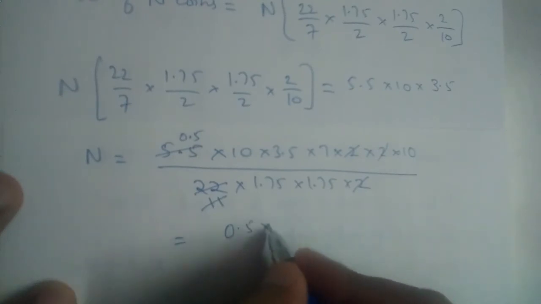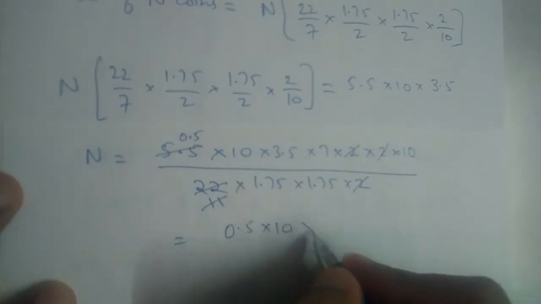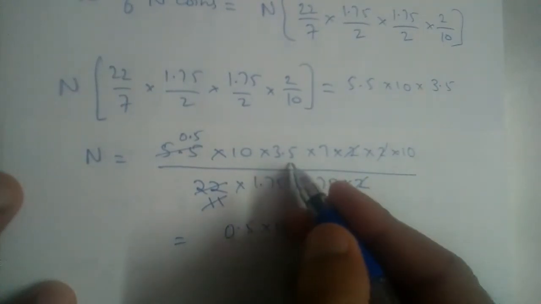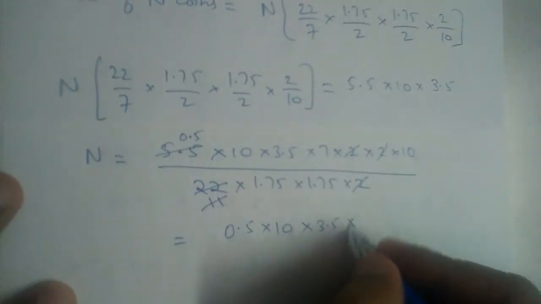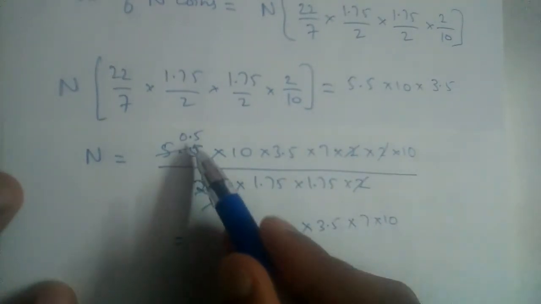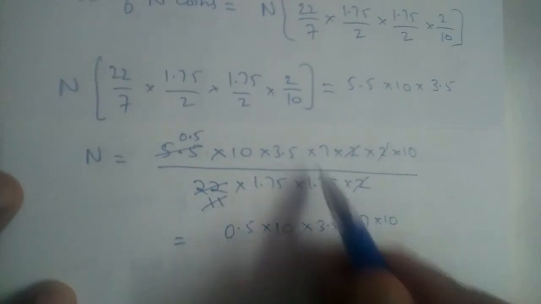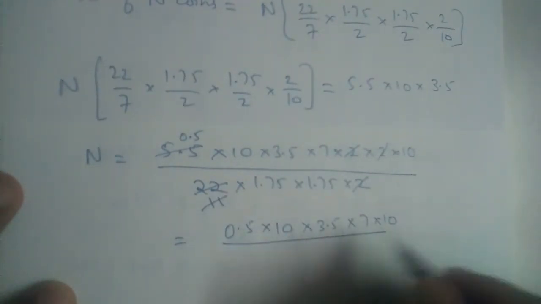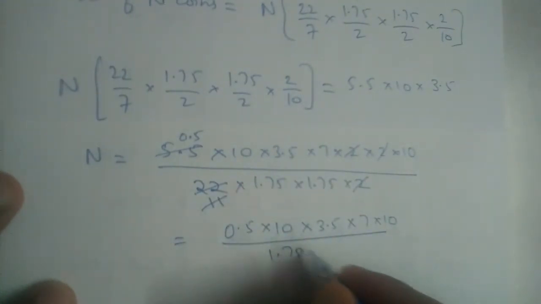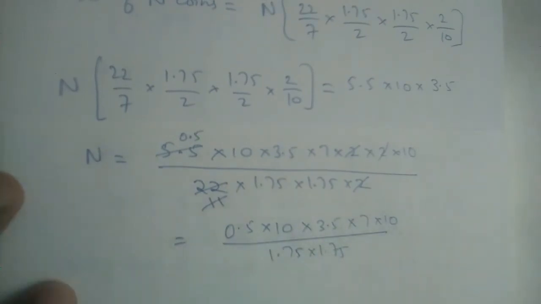So let us write again 0.5 into 10 into 3.5 into 7 into 10 into 10. Are we missing any term? 0.5, 10, 3.5, 7 and 10. No. So in the denominator 1.75, 1.75. All right.